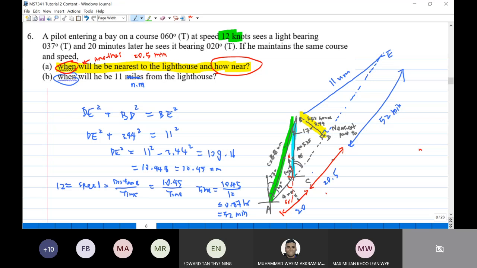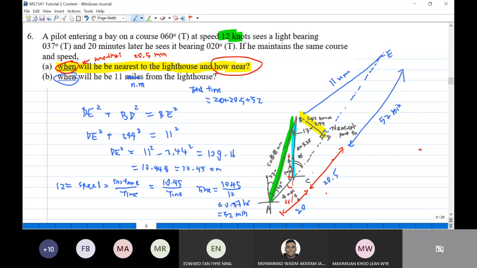Time is very fast. So the total time taken is actually how many minutes here? Total time is actually 20 plus 20.5 plus 52, right?